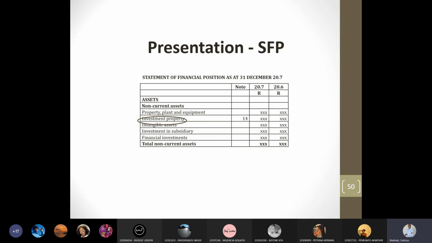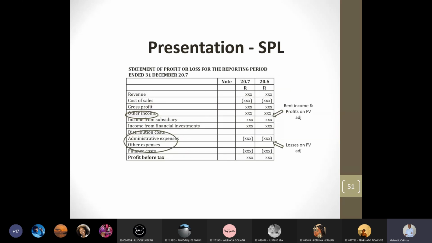In the statement of profit or loss, what are we going to show? There are, let's say, 3 items that we're going to look for that relate to investment properties. If the investment property is generating rental income, we will have to show the amount of rental income that it earned, and that rental income will be shown in the line item other income.